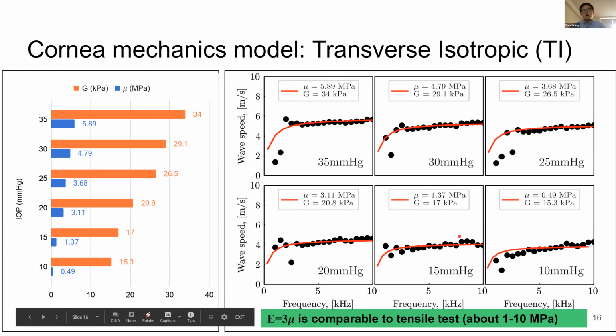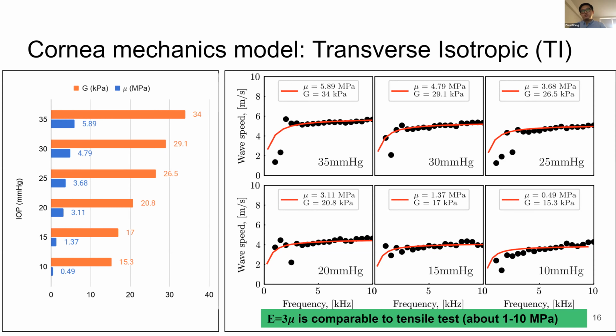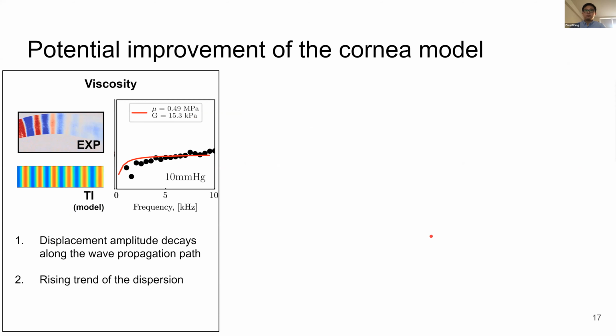So now we know that the transverse isotropic model is pretty necessary for describing the dynamic behavior of the cornea. This is where we are right now. But moving on, we still have some improvements to make to our model.